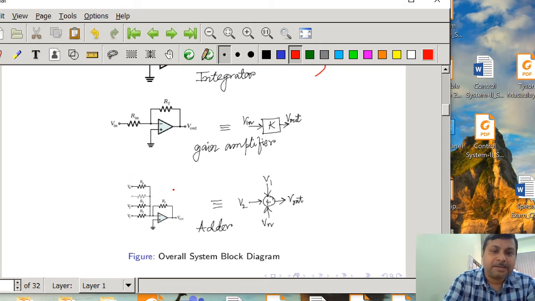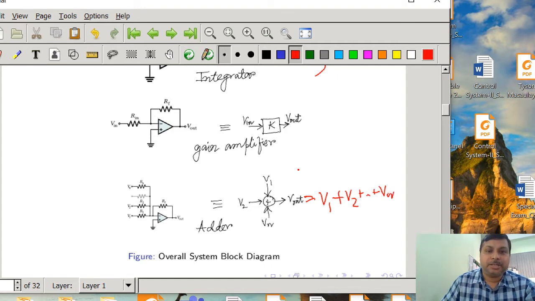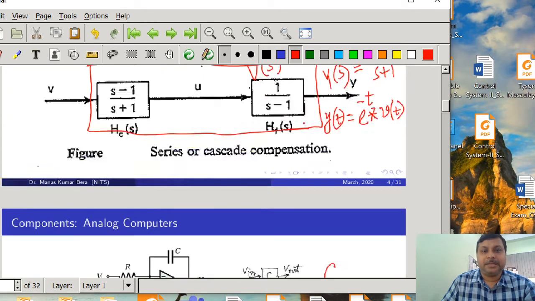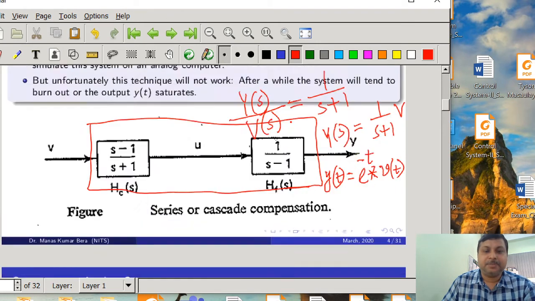If we have an adder circuit, these voltage signals will be added, and V out will be the sum V1 plus V2 plus up to Vn. My intention is that using these three components, the integrator, gain amplifier and adder, we will develop this system in the laboratory.